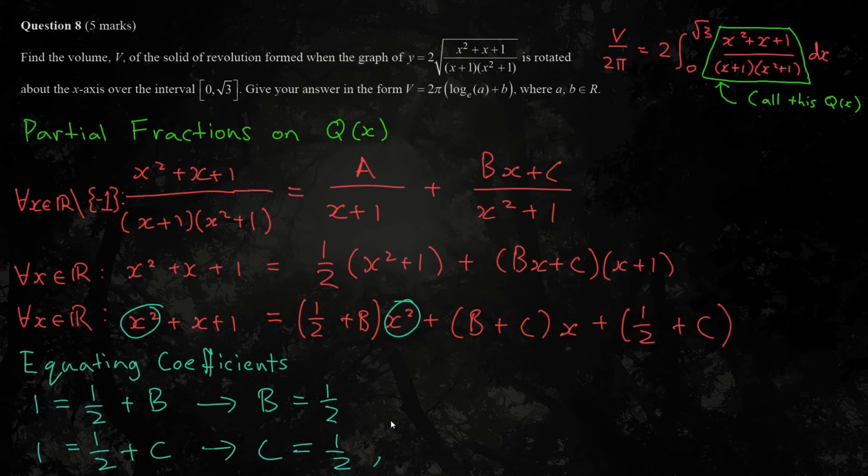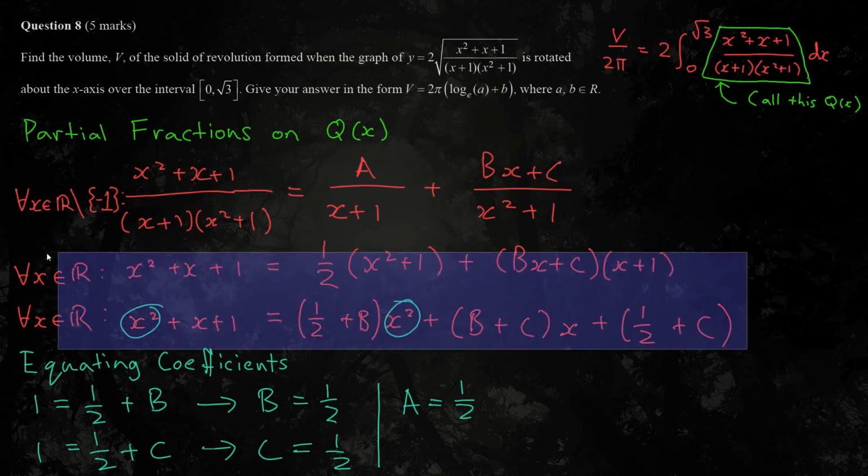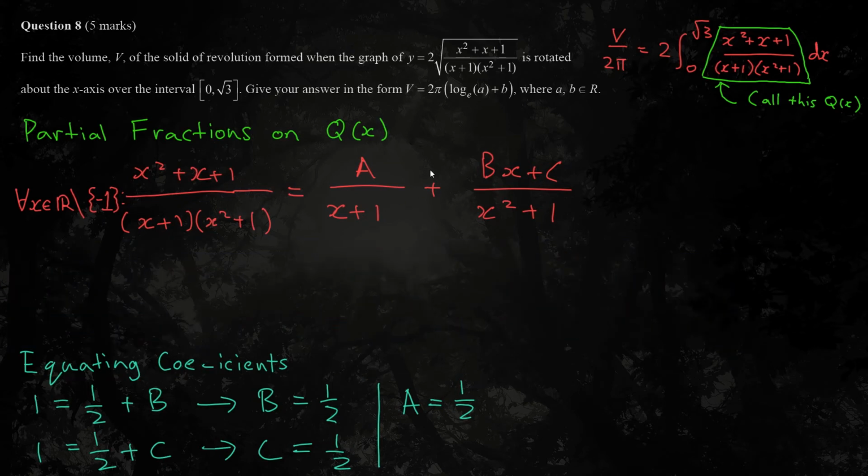And remember also from earlier, we worked out that a was 1/2. So all these three numbers we were trying to find, they're actually the same number. And at this point, I actually want to put these numbers straight into the place where they belong. So let's get rid of all these. Let's put those numbers straight in there. And keep in mind, this expression here, this was just q of x, right?